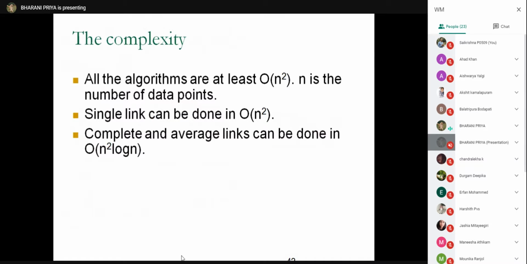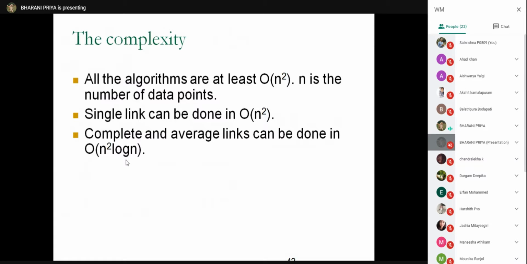The complexity: all the algorithms will have at least big O of n square. Single link and even average link will have the time complexity of big O of n square, and complete link is big O of n square log n.